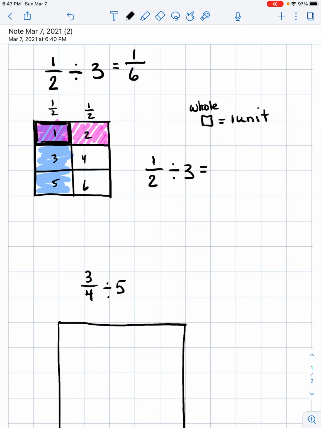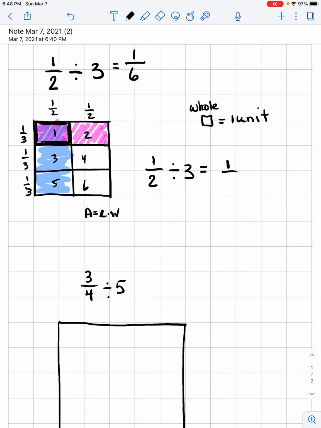Well, if this were multiplication, I'm interested in the area of rectangle number 1, and area, remember, equals length times width, and this would be 1/2 times what? Well, my 1 unit is divided into 3 equal pieces, so each of those would be 1/3. And so I am looking for the area 1/2 times 1/3.